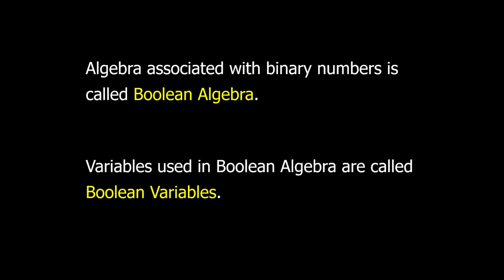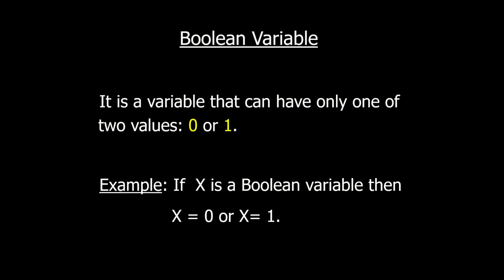In the decimal number system, the variables can take values from 0 to 9. But in Boolean algebra, we have only 2 states, that is either 0 or 1. Therefore, as an example, if x is a Boolean variable, then x is equal to 0 or x is equal to 1.